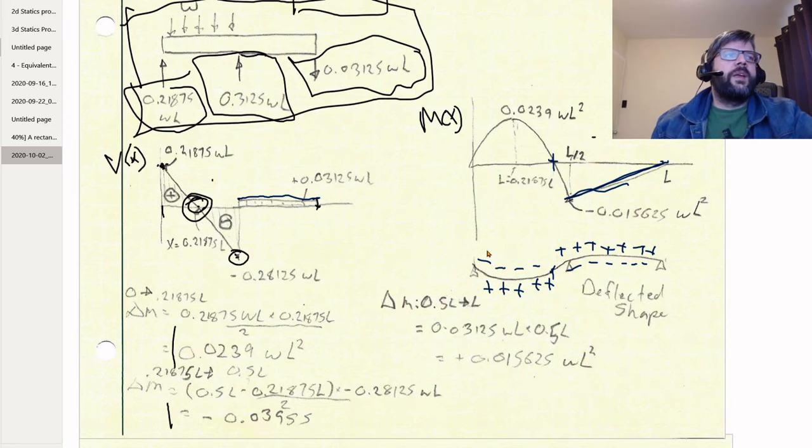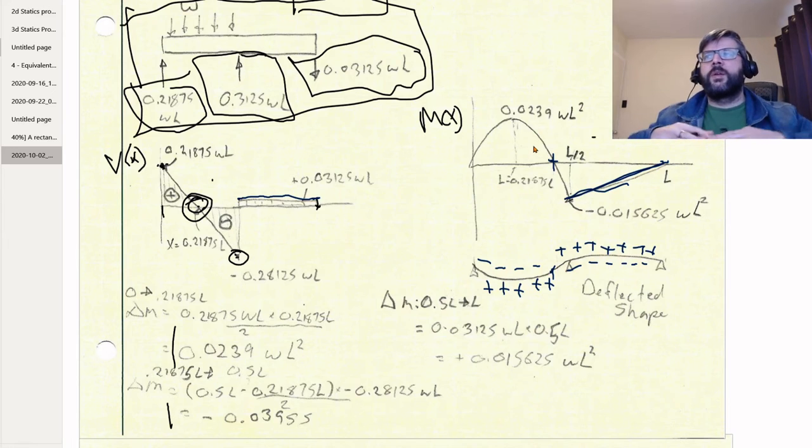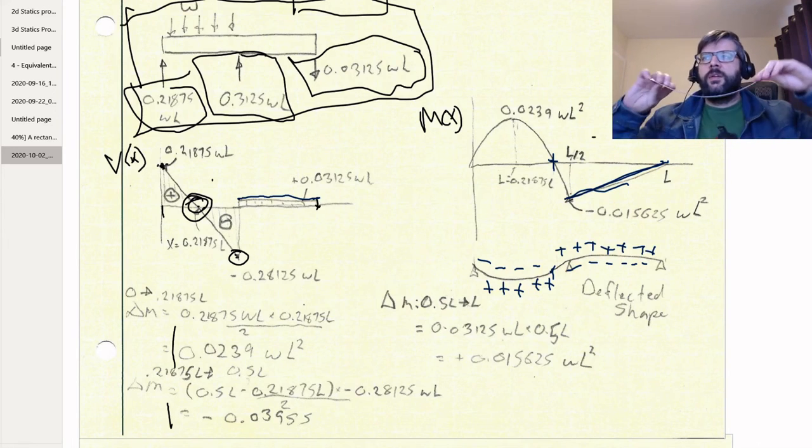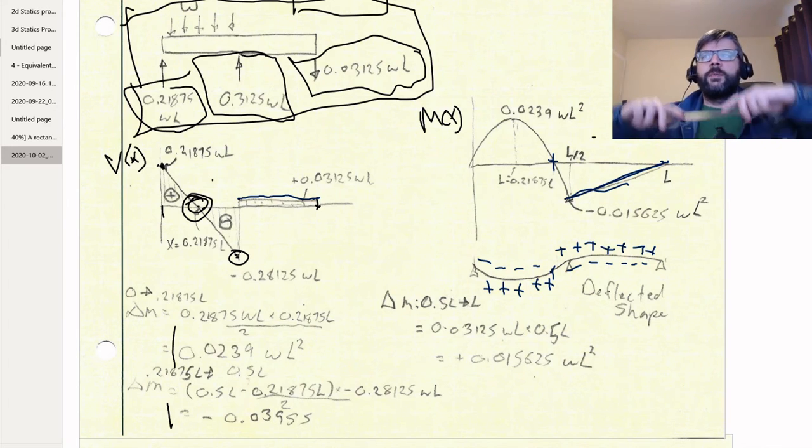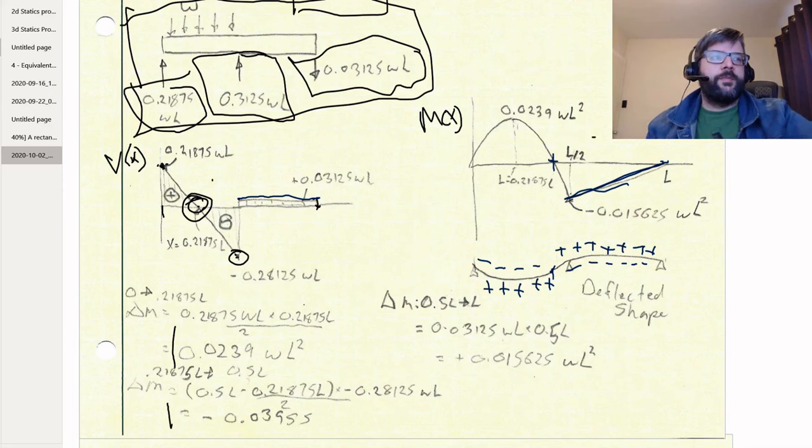When you have a positive moment, there needs to be compressive forces on the top and tensile forces on the bottom in order to curve it into that shape.